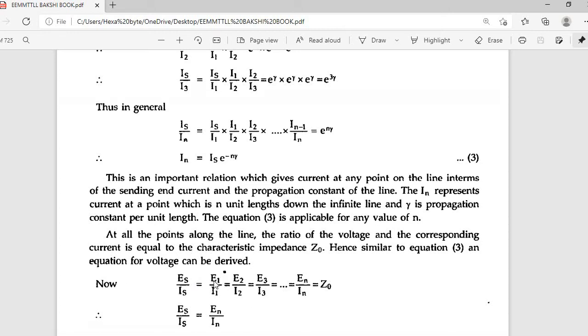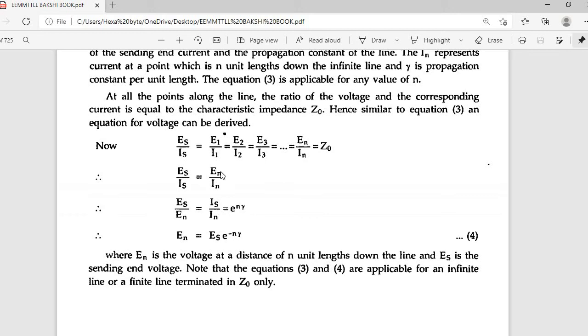First section E1 voltage, current I1, it is equal. Every section's voltage to current ratio must and should be equal to the characteristic impedance of the transmission line. So the characteristic impedance plays a key role for every section. For every section it is ideally the same.